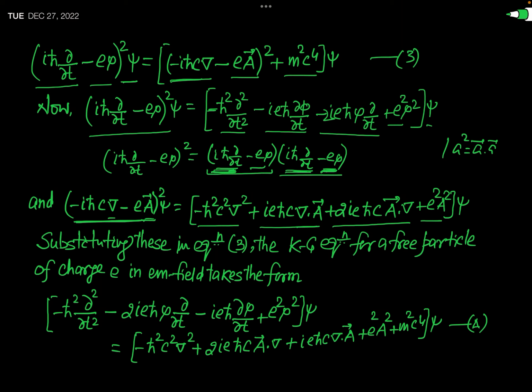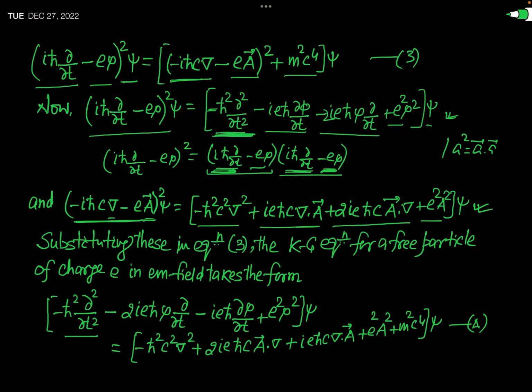So let us now substitute these two values in equation 3, and your KG equation will now become like this. This is just repeated here. You can see this is minus h bar square del 2 by del t square.